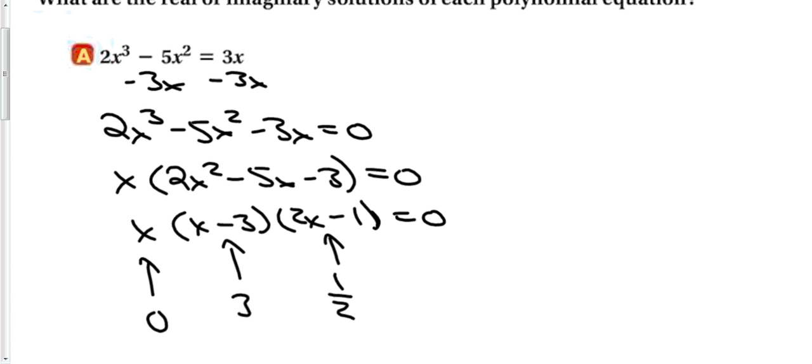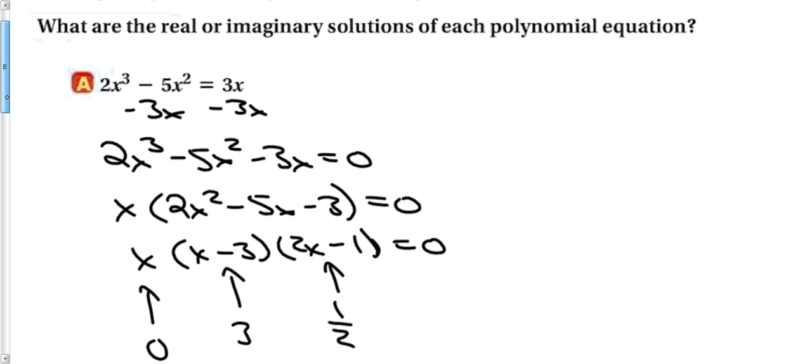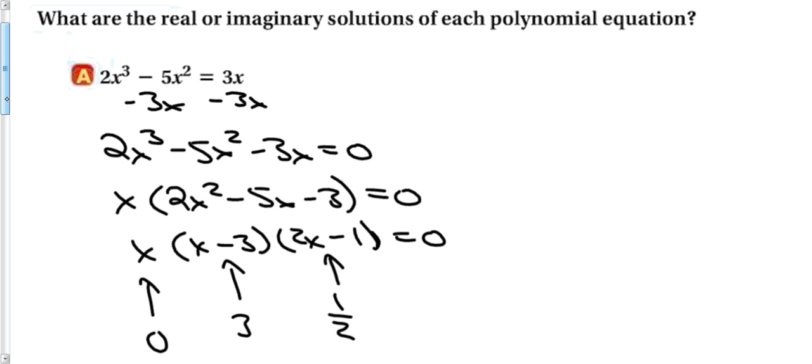So those are going to be my three real solutions to this equation. So x equals 0, x equals 3, and x equals 1/2. And those are my three solutions. Those are also the three places where this cubic trinomial crosses the x-axis.